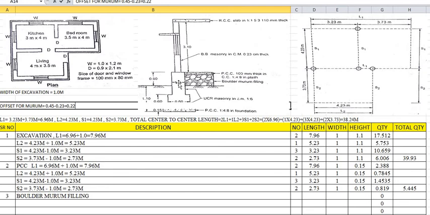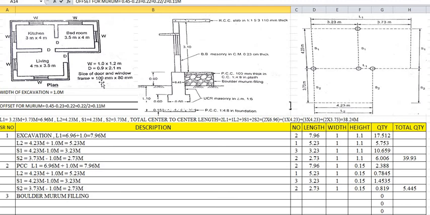So this will be divided by 2. Why divided by 2? Because there are two offsets. So it will be 0.11.